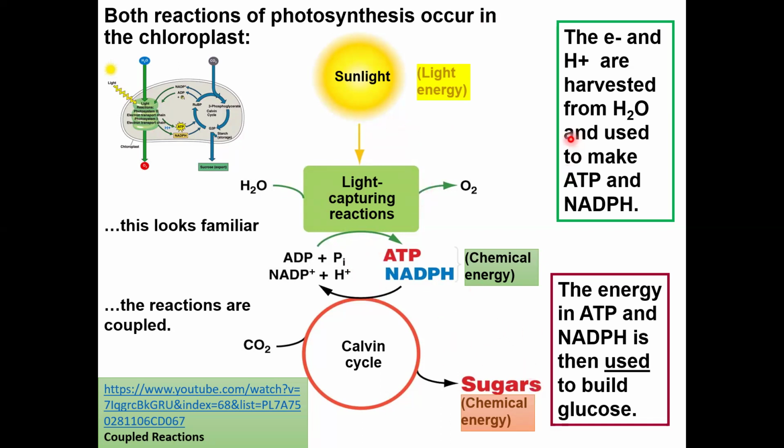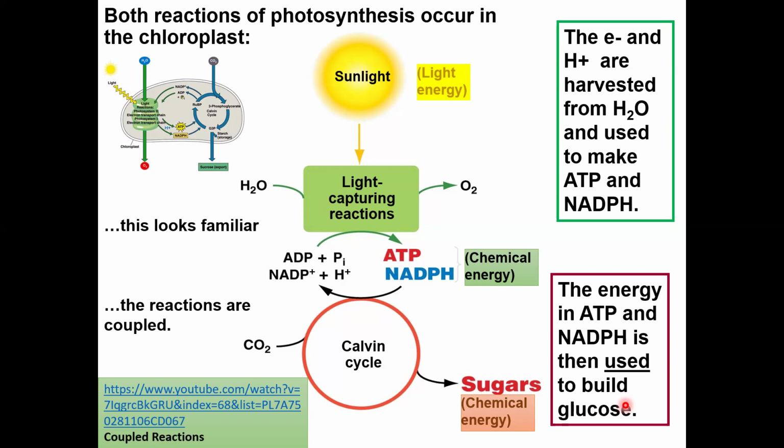So in this case, in the light-capturing reactions, or the dependent ones, they have the ATP and the electron carrier being produced, and those get used in the Calvin cycle, which is part of the light-independent pathway, and it allows it to build glucose, and it allows you to have more chemical energy.